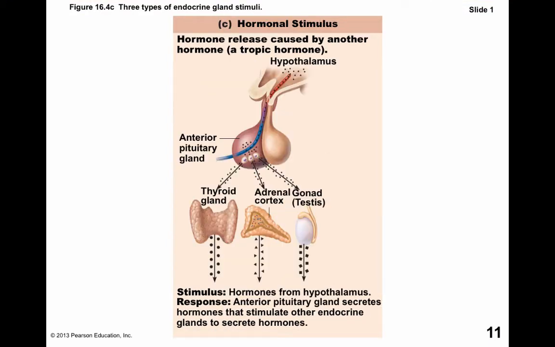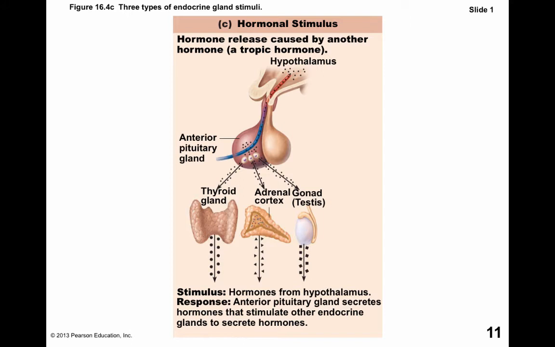And then hormonal stimulus is the idea that the stimulus that's activating hormone secretion is coming from another hormone. A lot of times, the anterior pituitary gland is going to be responsible for generating hormones that go to the thyroid, the adrenal cortex, or the gonads, the testes, right? Here is an example.